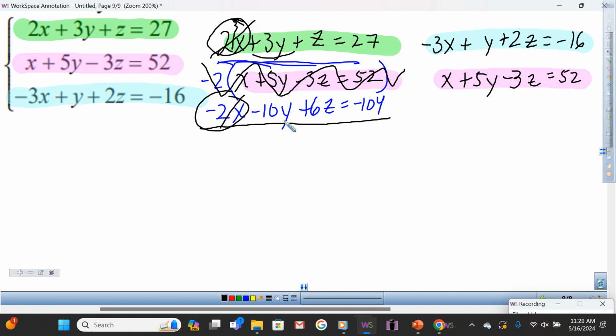What is 3y minus 10y? Negative 7y. What is 6z and 1z? 7z. And what is negative 104 and positive 27? Negative 77?